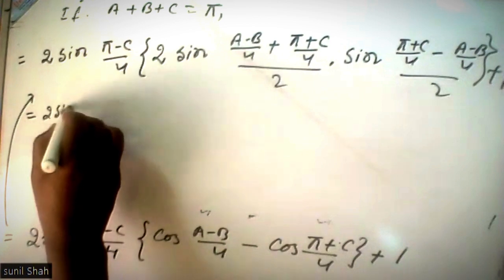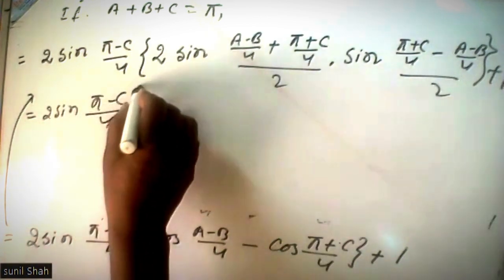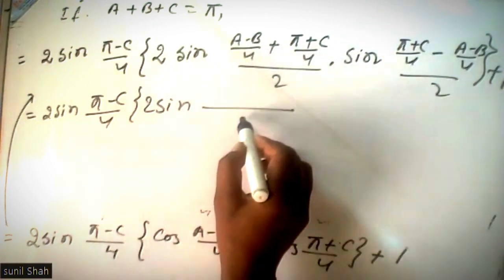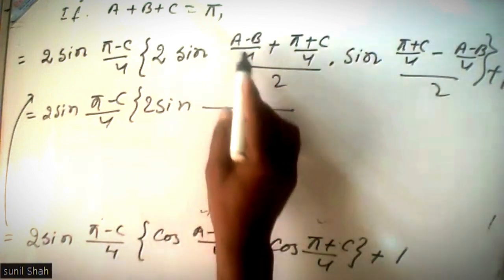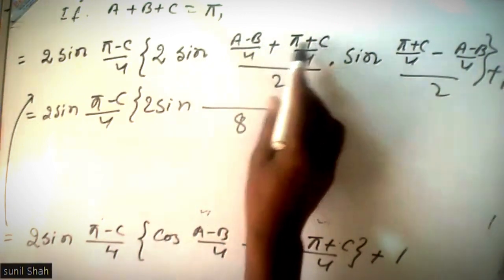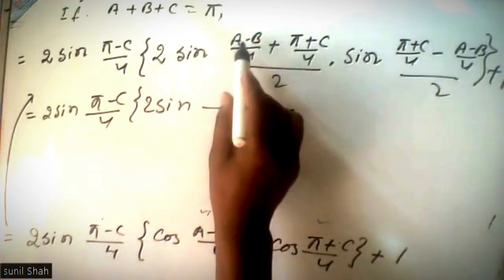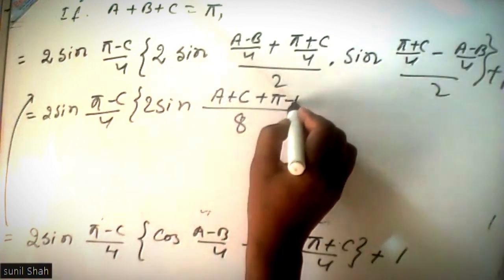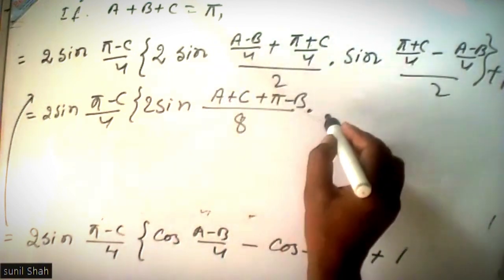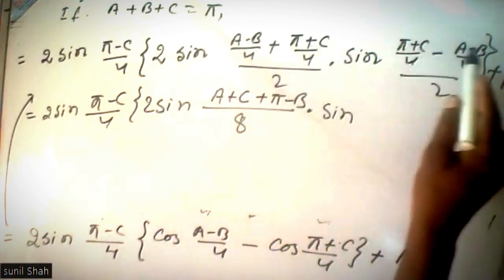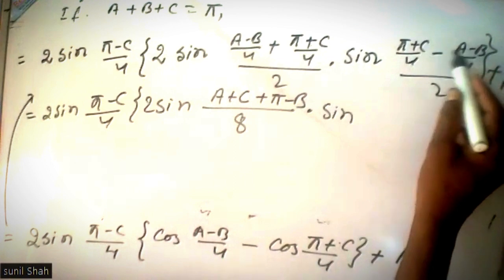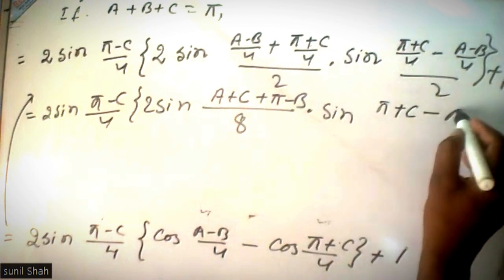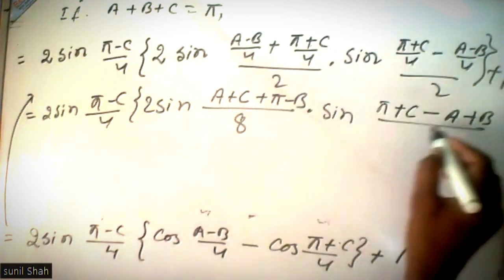This is equal to 2 sine (pi minus C)/4 into 2 sine. Take the LCM of this. This will be 4, and 4 goes down, so 8. Simplify this: pi plus C or pi minus B. Put this and this together: A plus C and pi minus B. A plus C plus pi minus B, we write this as this. And again here also pi minus A. This is (pi + C - A + B)/8.